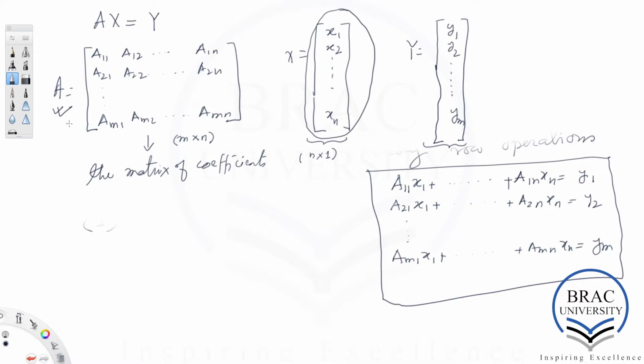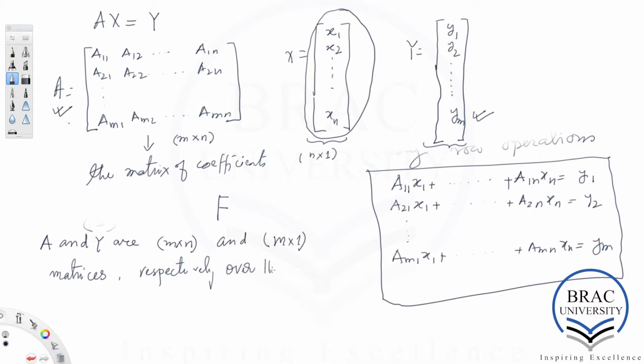And this matrix of coefficients, and this m times 1 matrix or column vector, have entries from the given field F. Okay, so A and Y are m times n and m times 1 matrices respectively over the field F.